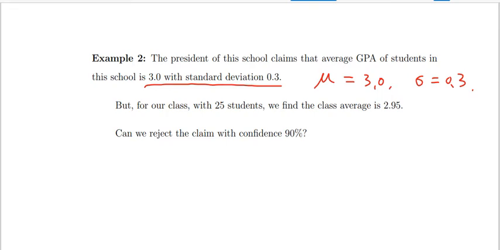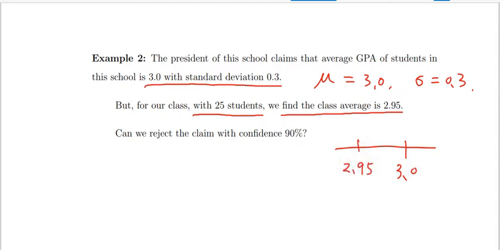Okay, so to test his claim, I check our class. I found in our class we have 25 students, and I find our class average is 2.95. So their claim is 3.0, but we find 2.95. So they have some difference, right?